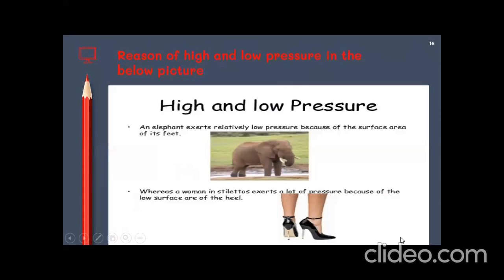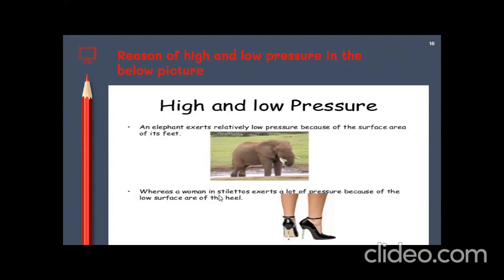Since all of you have given me the correct answers, let's just finalize it. High and low pressure. Why do the feet of an elephant exert low pressure on the earth, although its body is huge and largest in size? An elephant exerts relatively low pressure because its feet cover a high surface area: more surface area, less pressure.